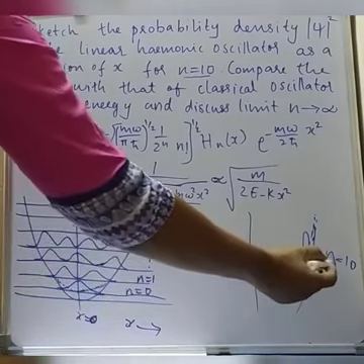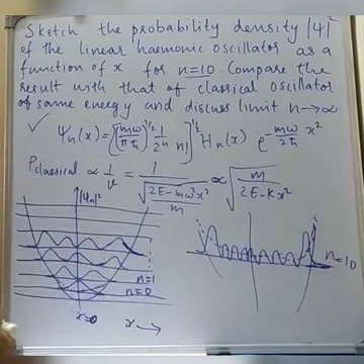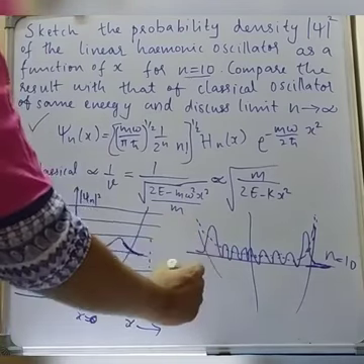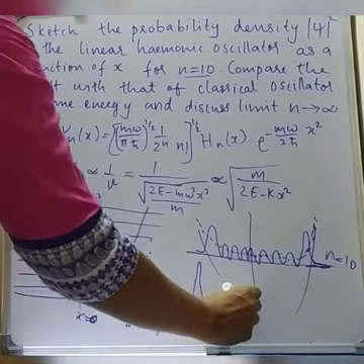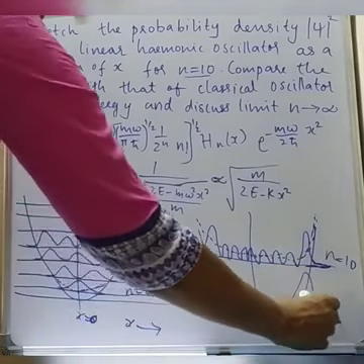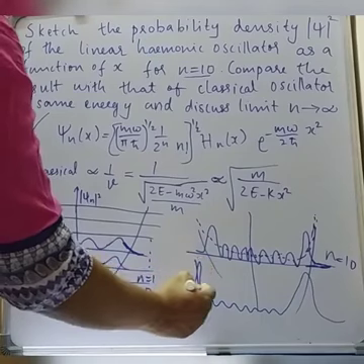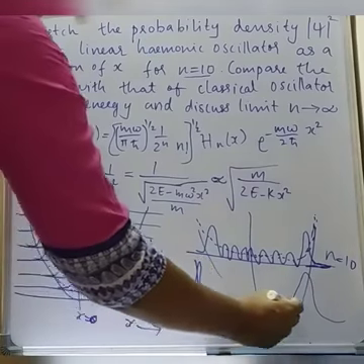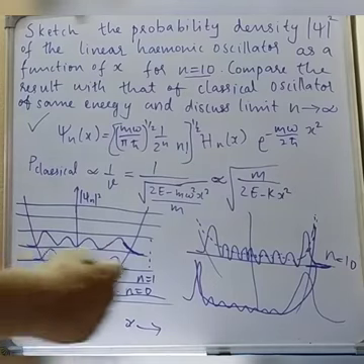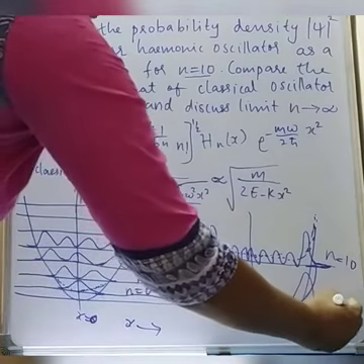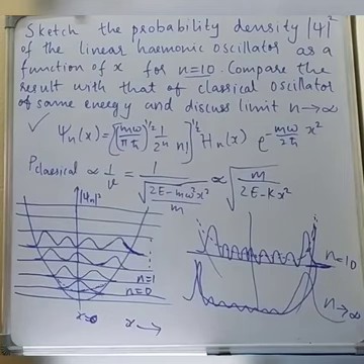And if we take the limit n tends to infinity, the ripples will become almost smaller ones, and the classical value will be almost approaching the quantum value. This is the case of n tending to infinity.